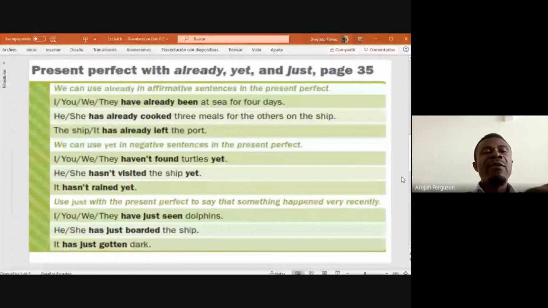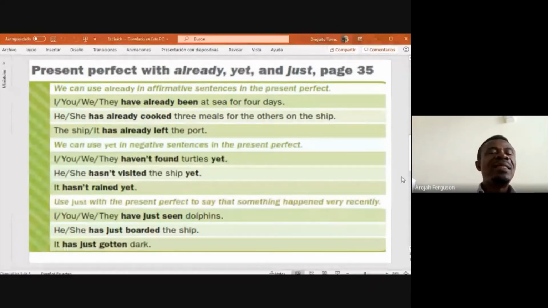So I have already been, already cooked, and already left. Okay, so been is like go to some place, having already been to some place. Then cook is a regular verb, the past tense, and left is to leave, the irregular verb.